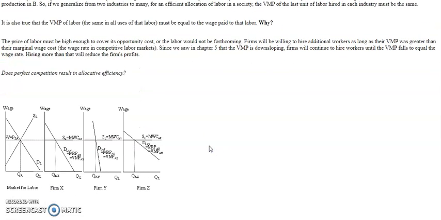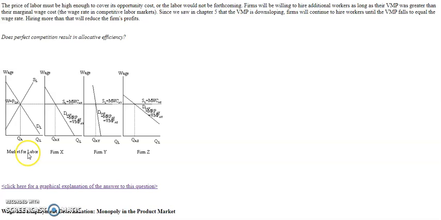Next, the diagram, the market for labor. The first diagram represents the market for labor. Second is individual firm X, then individual firm Y, and individual firm Z. In the market for labor, the demand and supply of labor intersect each other and determine the equilibrium wage rate and equilibrium quantity of labor.